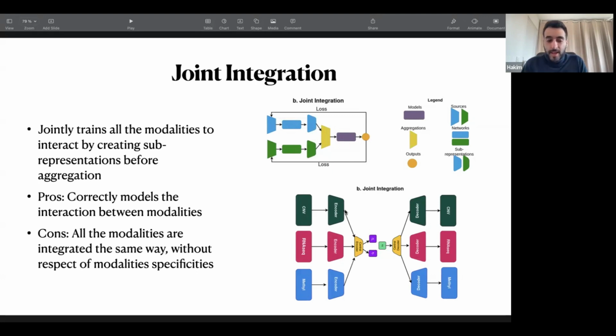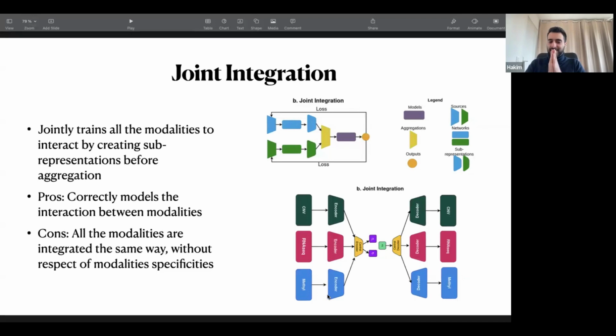It is intuitive to see that the joint representation can correctly model the interaction between modalities, as everything is trained in the same framework. But when we started to do experiments using the joint integration for our studies, we found that there's a bit of a problem when used with those particular types of data, and in general in omics data, because they suffer a lot from that type of heterogeneity.